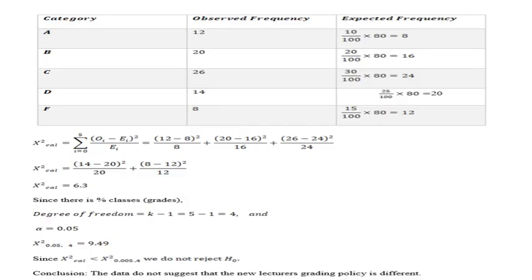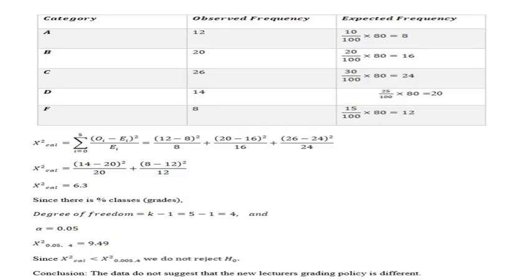Then we bring in our formula, which is chi-square calculated equals summation, i ranging from 1 to 5, of observed frequency minus expected frequency, all squared over expected frequency. So we do it for each observation.